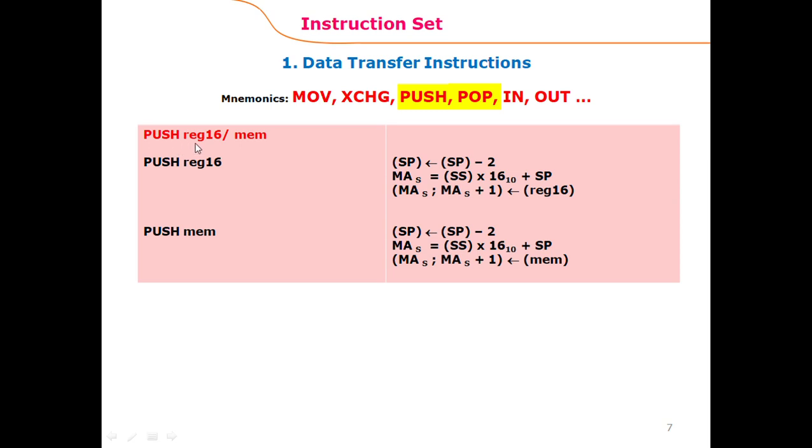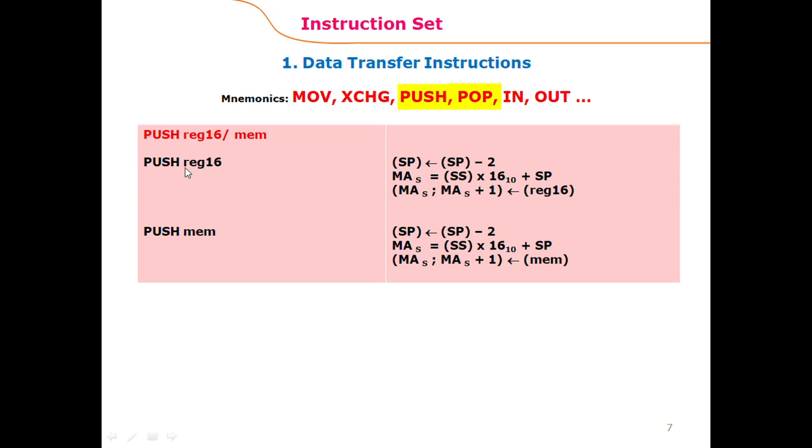The form of the push instruction is to write the English word push, then a space, and then one operand. That operand can be a 16-bit register or a memory location. Based on these two types of operands, there are two forms of the push instruction.